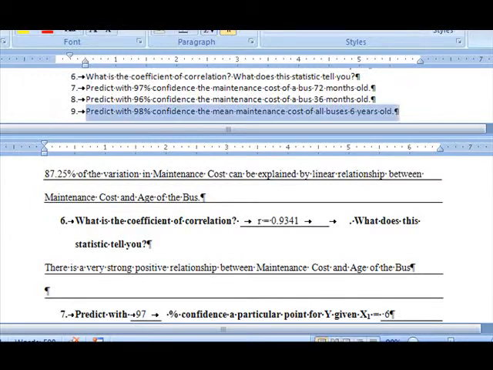But look at the third question. The third question is going to be predict with 98% confidence the mean maintenance cost of all buses 6 years old. So 7 and 8 are going to predict one value. 9 is asking to predict the mean, and that's going to make a big difference.